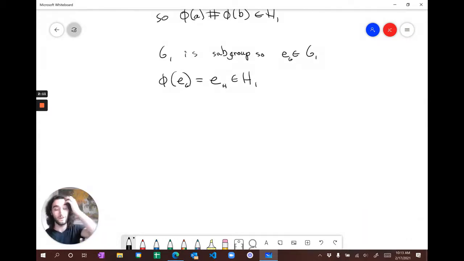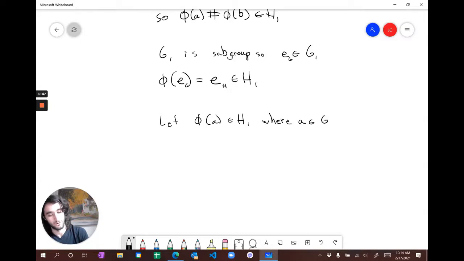And then finally, how about inverses? Again, let phi of A be in H1, so that means A was in G1. Since G1 is a subgroup, A inverse is in G1.